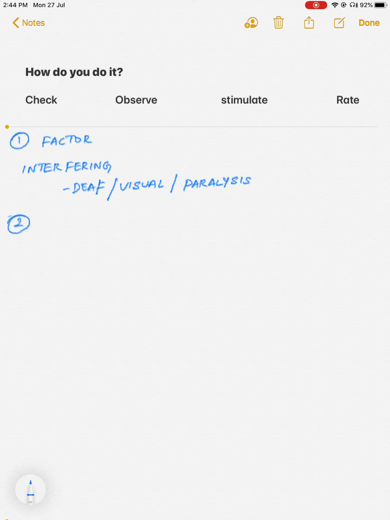Second, you have to know the ability of the patient to respond. For example, the patient may be deaf or dumb, and that can limit his ability to respond. Thirdly, we have to rule out other injuries. All these things should be checked first, and then we are going to observe.